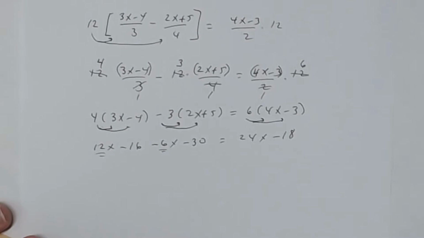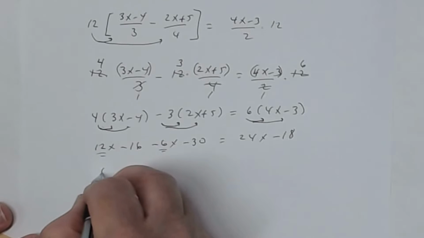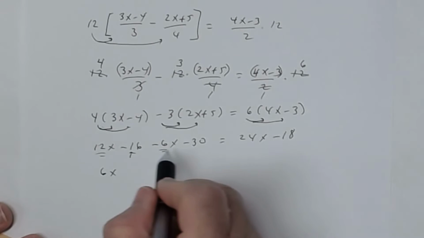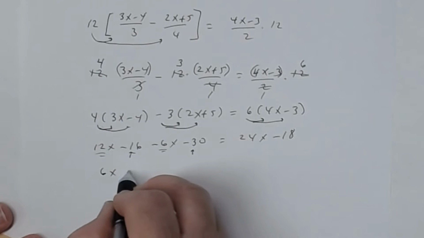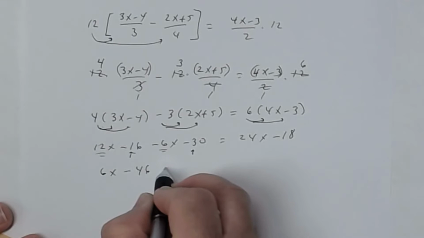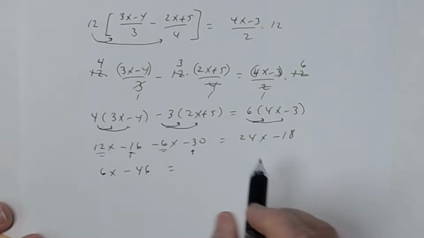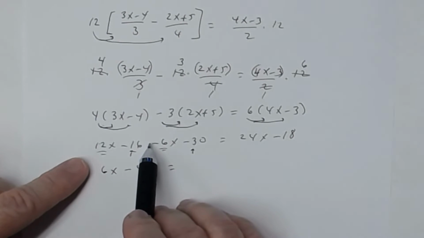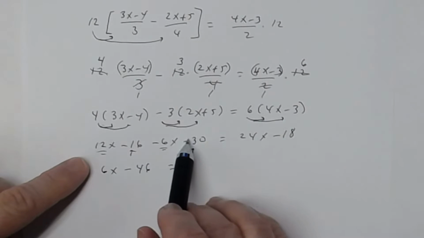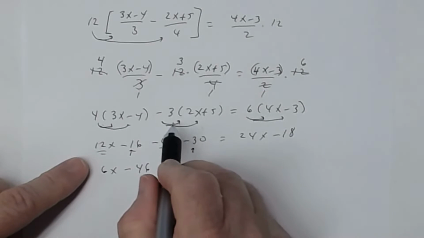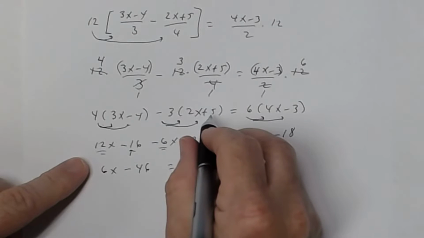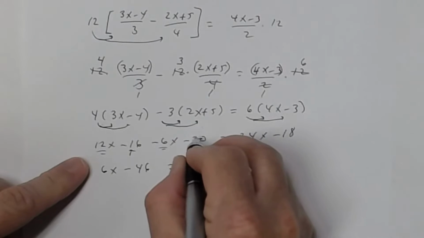So 12x and a negative 6x is 6x. A negative 16 and a negative 30 is a negative 46, equal, let's make sure, oops, sorry, that's not negative 30, right? Negative 3 times 5 is a negative 15.